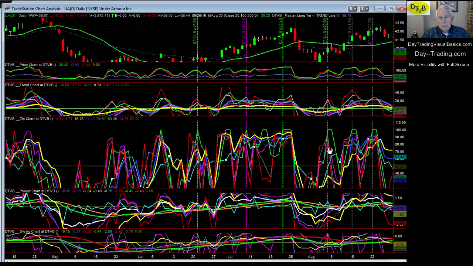Normally, not always, but normally both the zip red is highest and the zip green is highest. Once in a while you have zip pink tied in there with the zip red line as highest, but normally we try to see red green. We try to see zip red highest, and zip green highest.